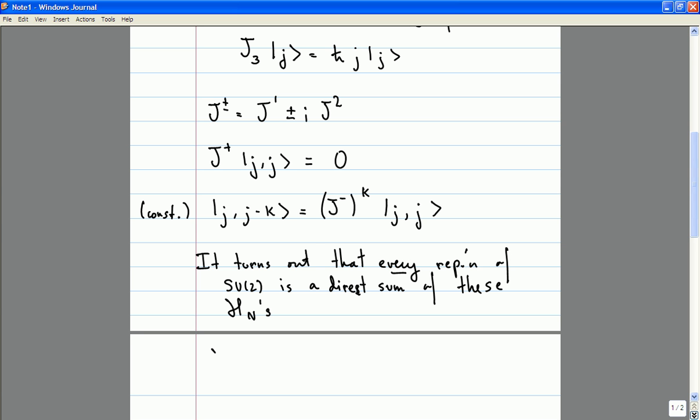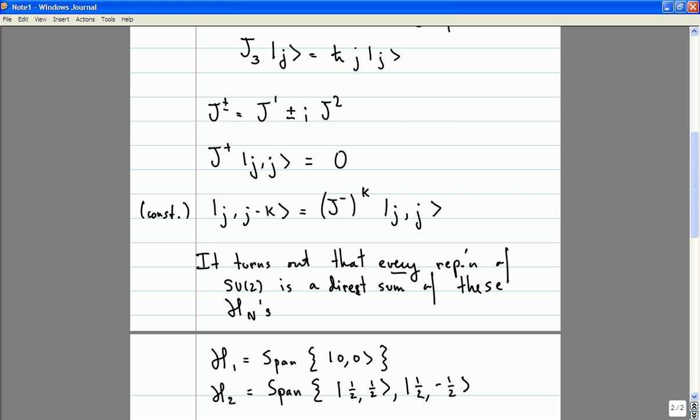So, for example, H1 is the Hilbert space of a spin 0 particle, so it's just some one-dimensional Hilbert space spanned by a single basis element 0,0, and H2 is the Hilbert space that's spanned by states of the form 1/2, 1/2, that's the spin-up state, and 1/2, minus 1/2.